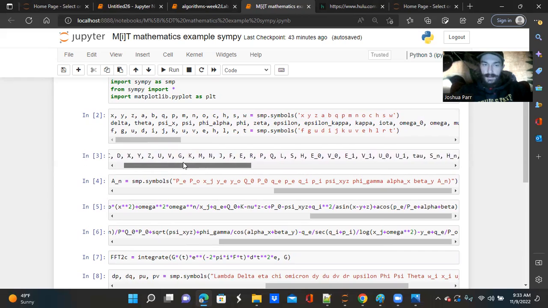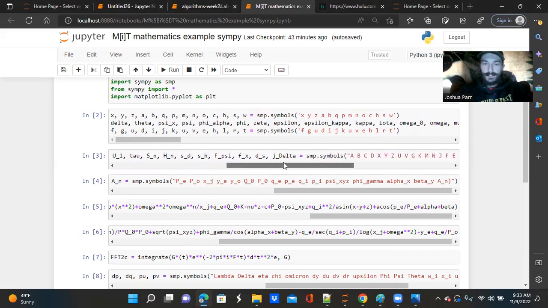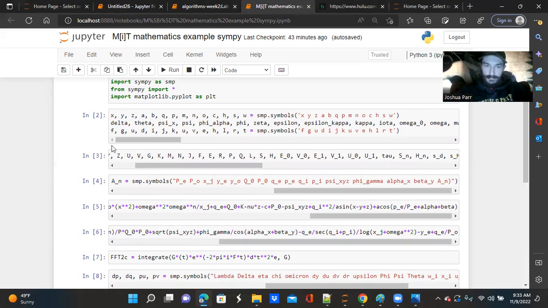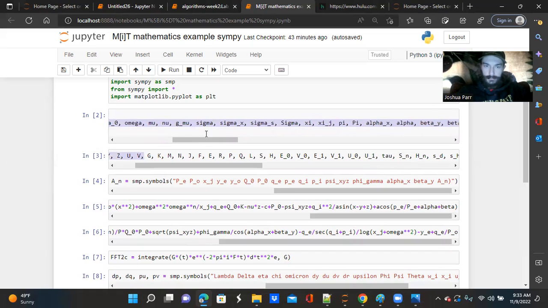You do it just like that with commas in between all of your symbols. Like this right here is H sub n, and that's how you would write that. And then in the SMP symbols, within the parentheses, you get rid of the commas and just have them space delineated.